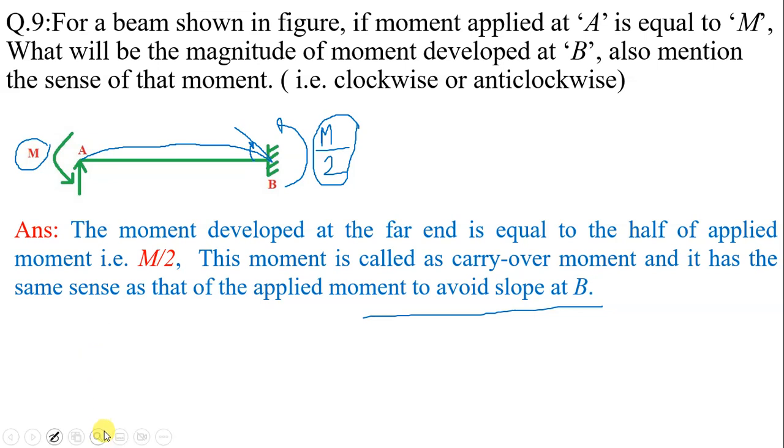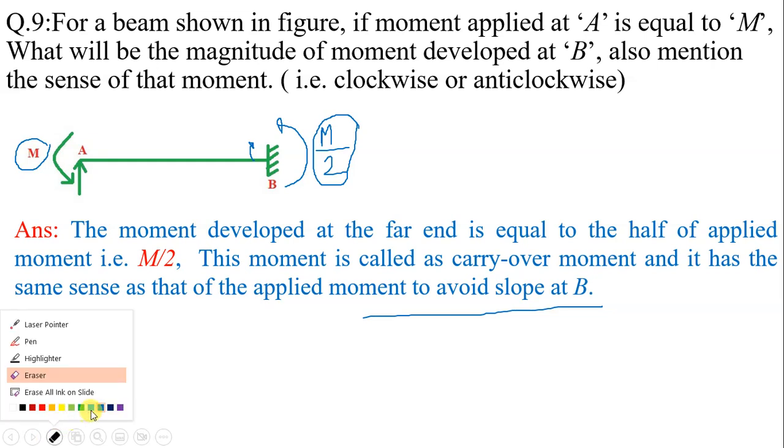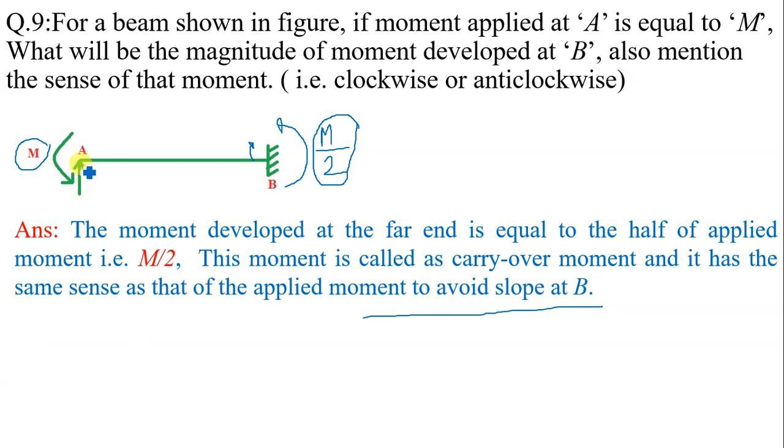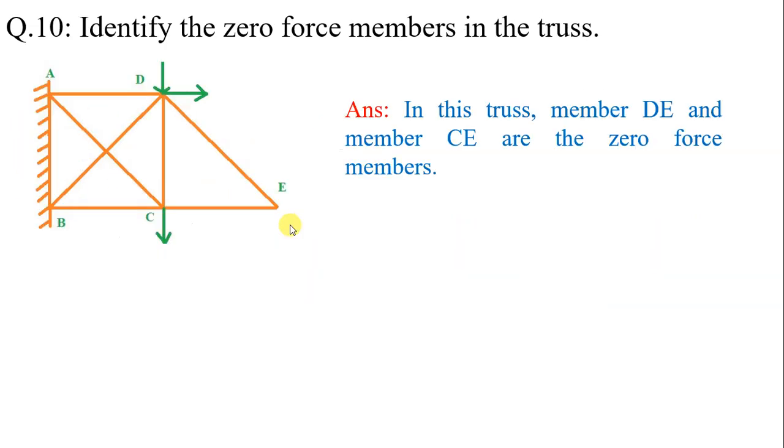Now, because of this anti-clockwise moment, the beam will bend like this. I will show you how the beam will bend. It will bend like this, and at B slope will be equal to 0. So this is the correct answer for question number 9.